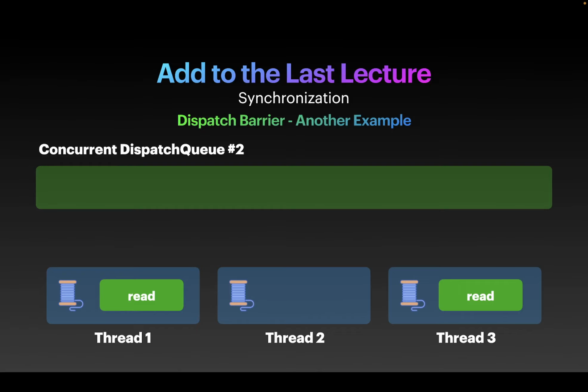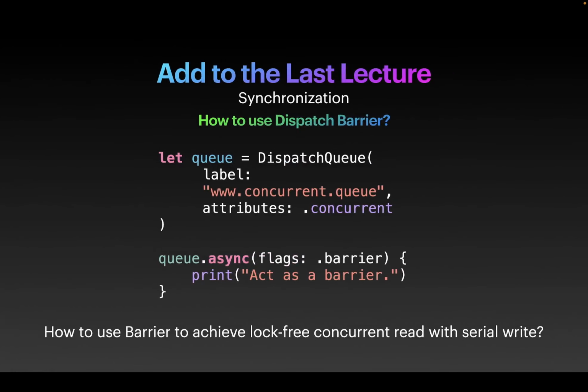After knowing these concepts, we can take a look at how the syntax looks when we're actually trying to use this barrier feature. You can see right now, when we try to execute some tasks with the barrier flag, the async call can take a flags argument.